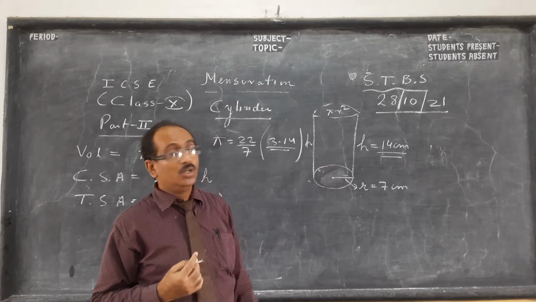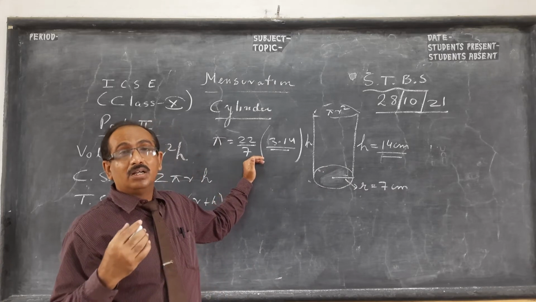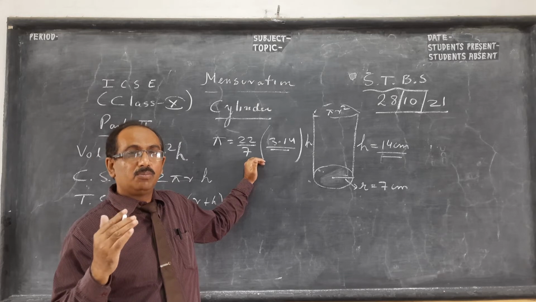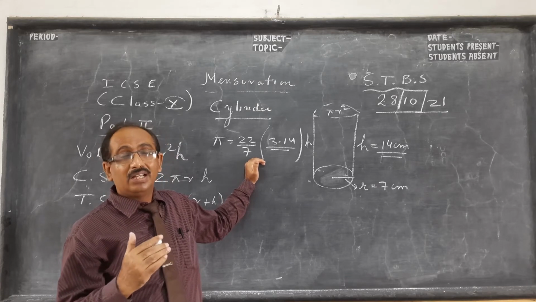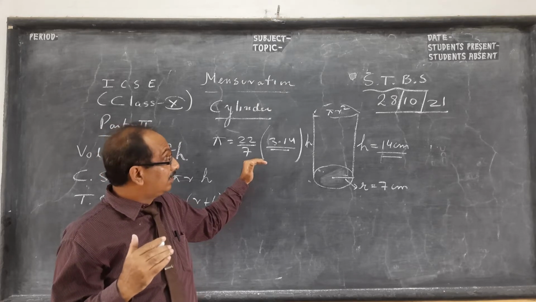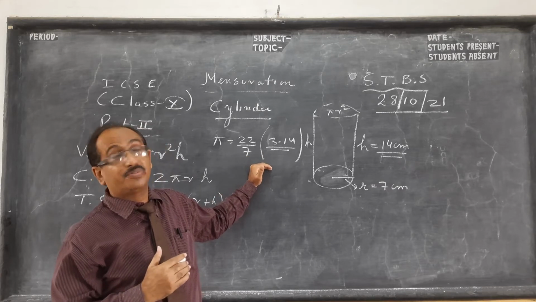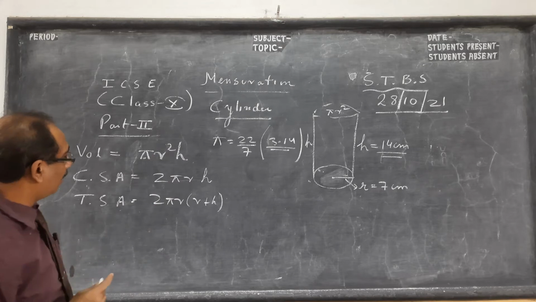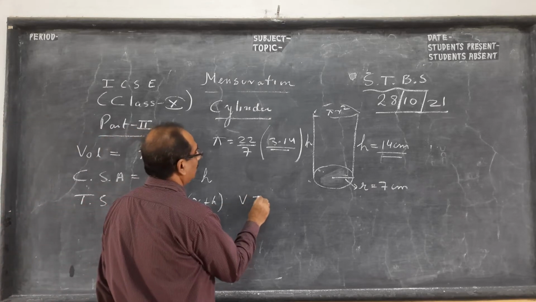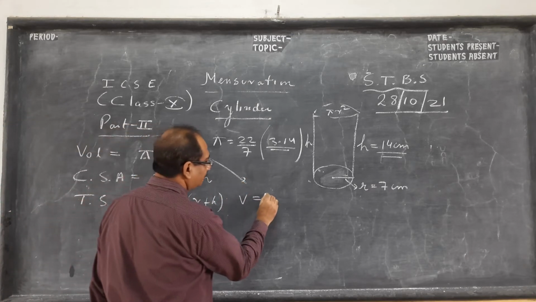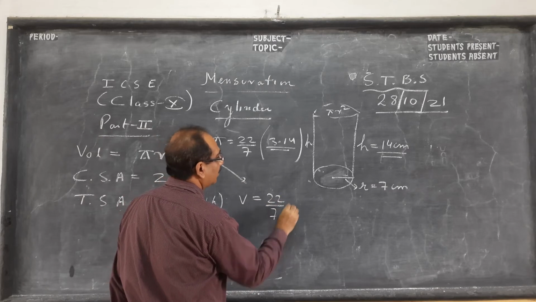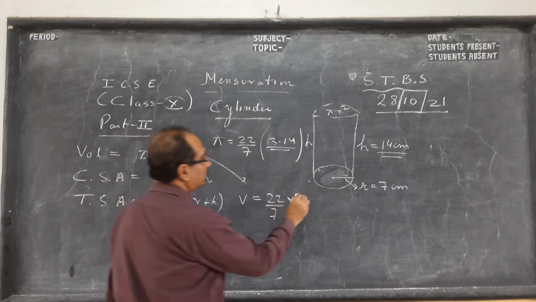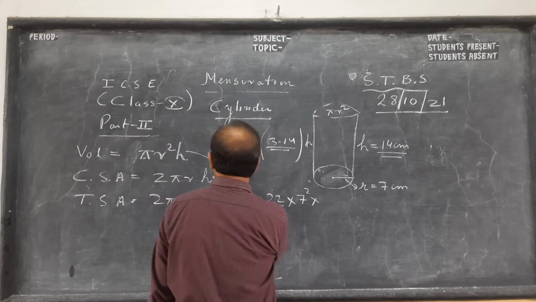14, 21. Generally you will see that the calculation is easy, because ICSE or any board won't check your calculation in class 10. They will see your concept of different things. So you have to keep that in mind. Now, volume is pi, 22 by 7, r is 7, r square into h.